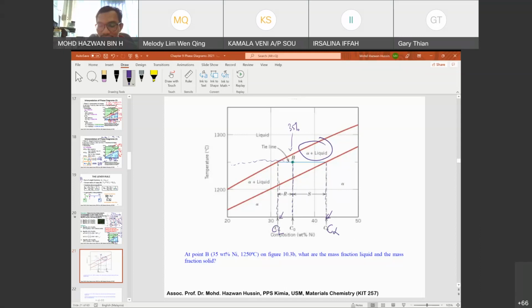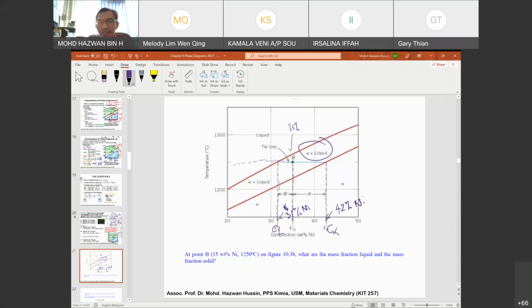So composition of alpha, alpha 40, 40? 43. Okay, maybe 42. Okay. And then liquid for 31. Okay, sorry, this one, 31%.